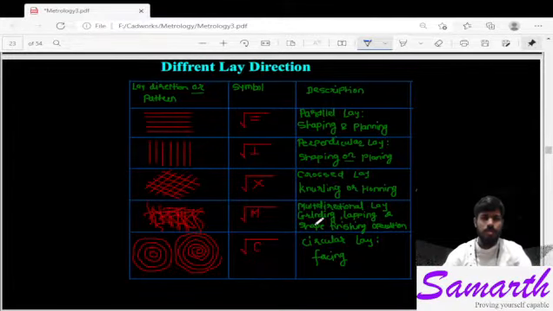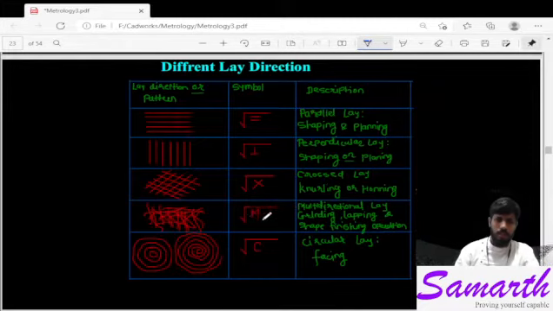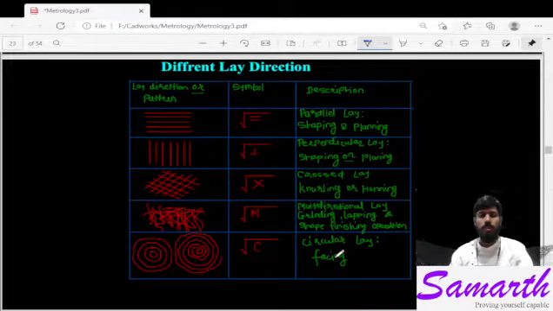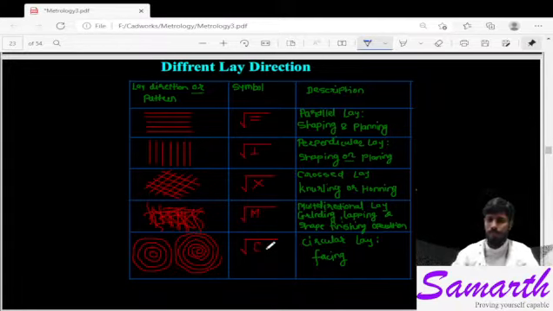It is seen in grinding operations, lapping, and shape finishing operations, and is shown by the symbol M. And as I told you, in the example of the facing operation, you can see exactly such a shape on the face of the workpiece, and it is denoted by the symbol C. These are the different symbols for the lay direction.